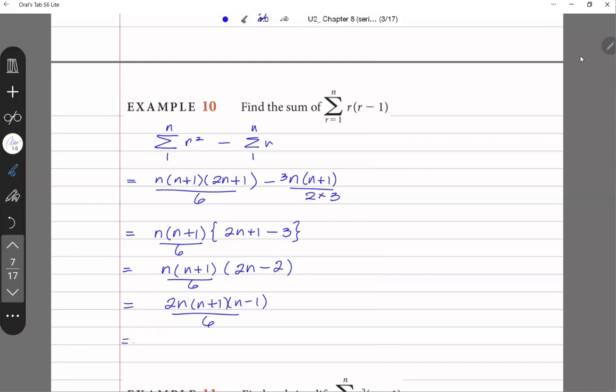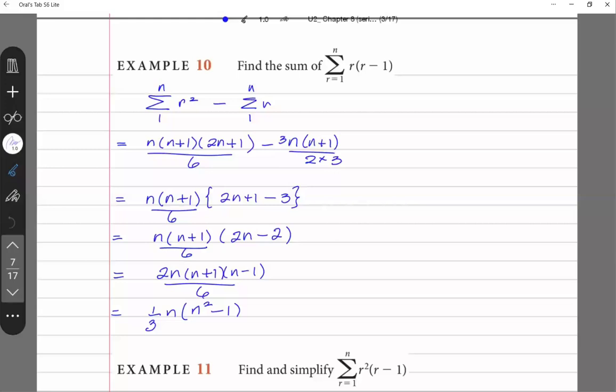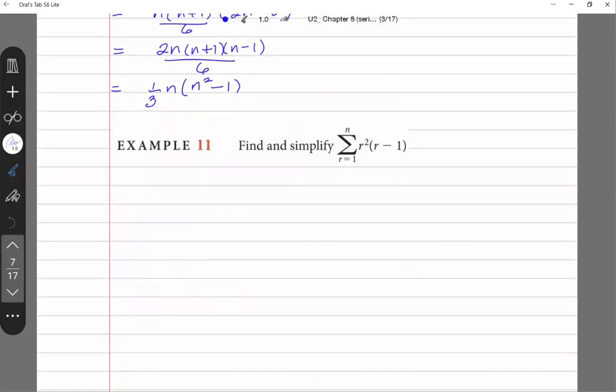Or we could simply just say 1/3 n, if I want, into n squared minus 1. 1/3 n into n squared minus 1.